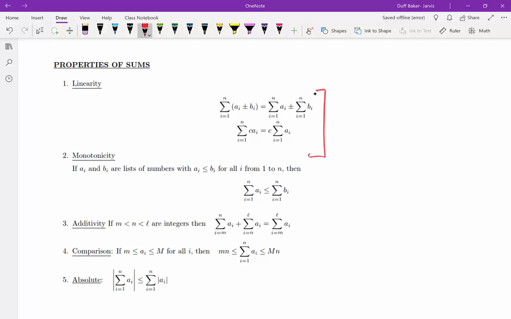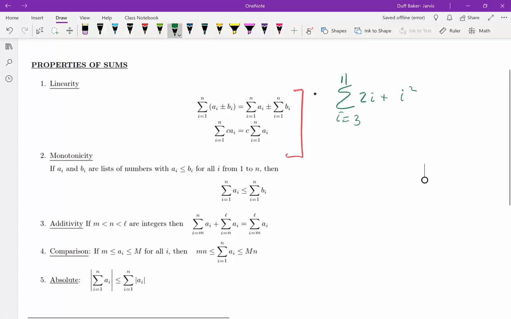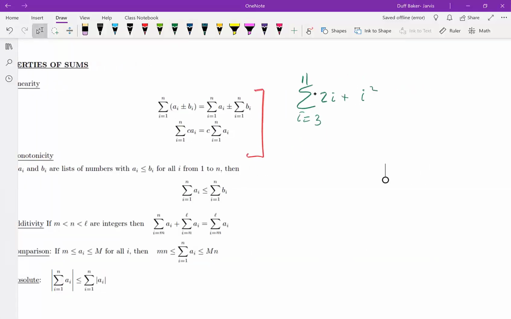And really what this is saying is, if you have the sum of 2i plus I squared from, say, I equals 3 to 11, it turns out you can split that up, just like you can split up a derivative, right? You can put the operation on each piece.